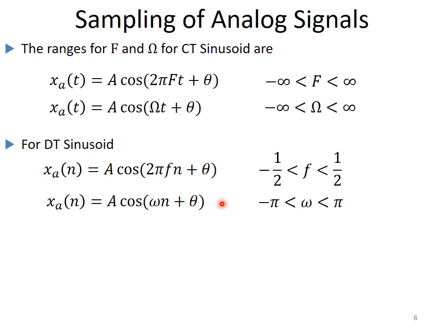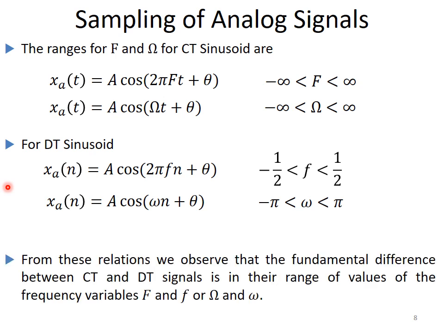If the signals are sampled outside this range, then aliasing effect occurs. In terms of cyclic frequency, it is from minus 1 upon 2 to 1 upon 2. Therefore, the fundamental difference between the frequency variables of continuous time and discrete time signal is their range of frequencies.